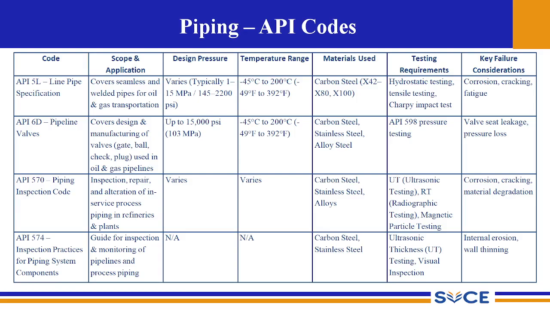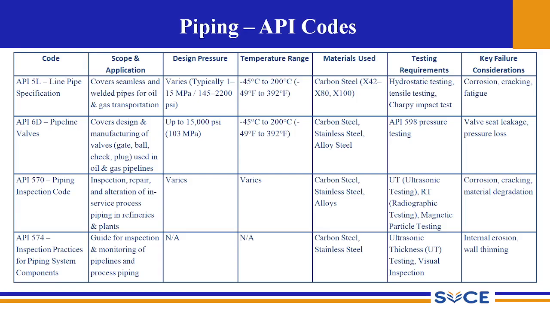Next, we move on to API codes, which are given by the American Petroleum Institute. The API code of 5L, that is the specification for the line pipes. It will cover the seamless and the welded pipes for oil and gas transportation. The design pressure will vary typically from 1 to 15 megapascals, and the temperature range is minus 45 degrees centigrade to 200 degrees centigrade.